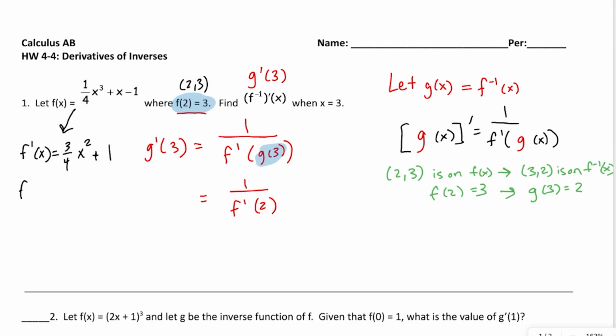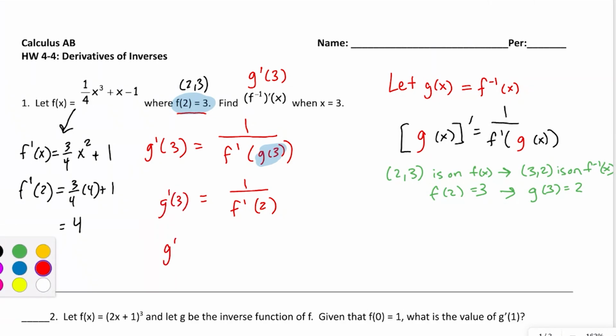And so if I want f prime of 2, I'm just going to substitute 2 in there and get 3/4 times 2 squared, which is 4, plus 1. So that's going to be 3 plus 1 is 4. Okay, so to finish this off, the derivative of g at 3 is going to be 1 over 4, and that's our answer.